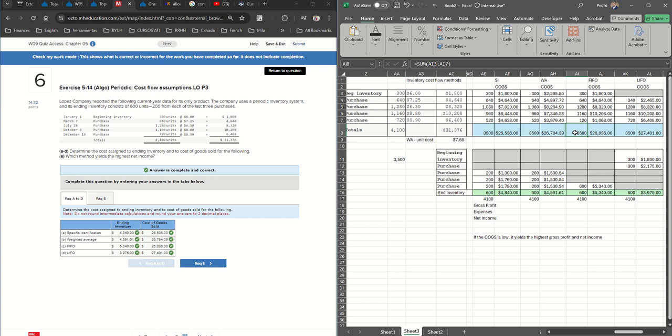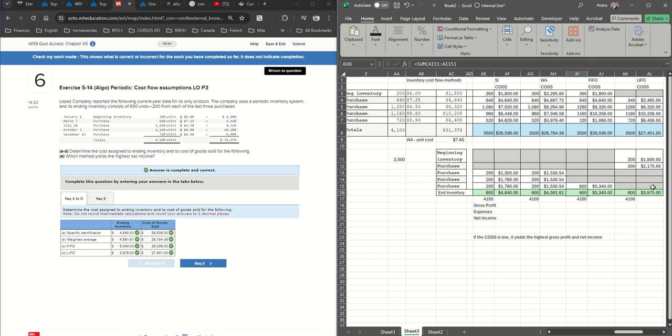So now we have the full result for the COGS, and now we have to continue with the 600 units that are left, which, if you see, are the result of the subtraction of this number and this one.